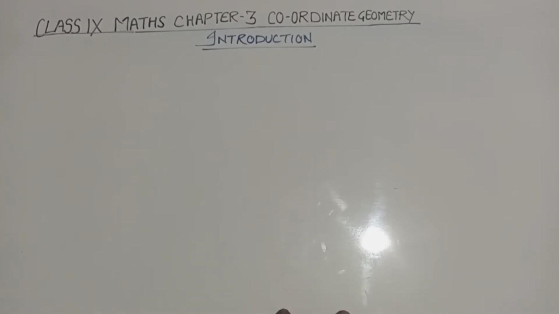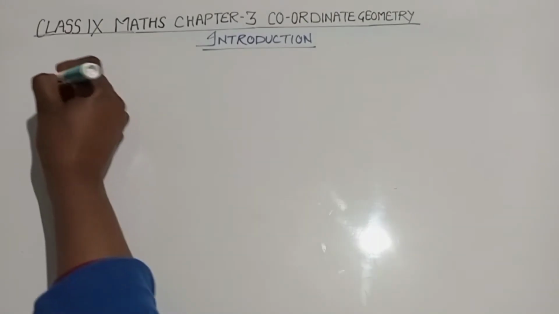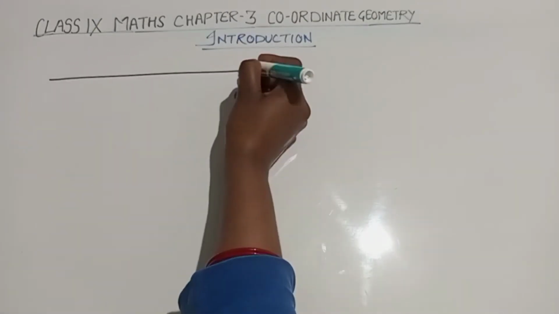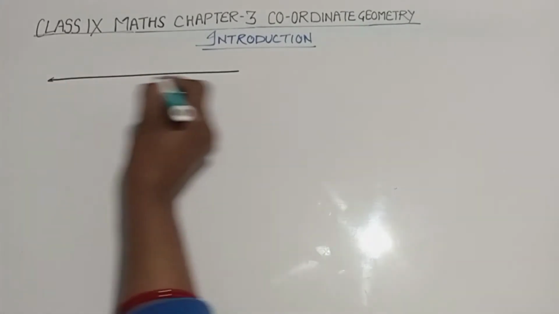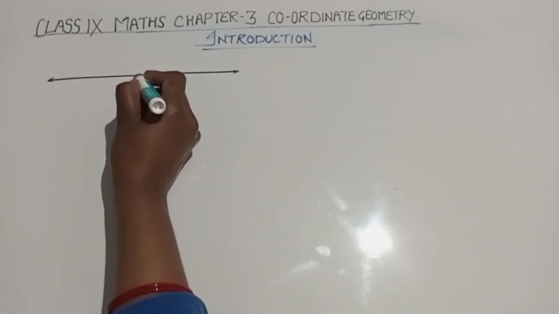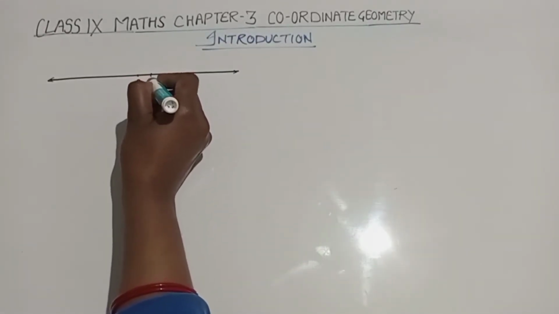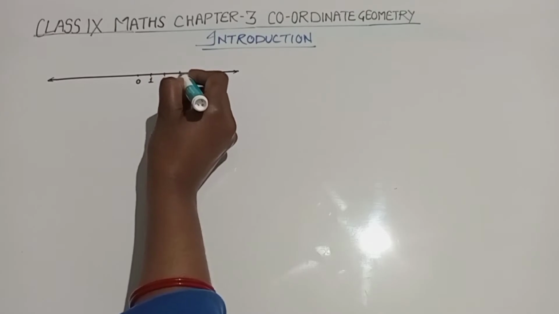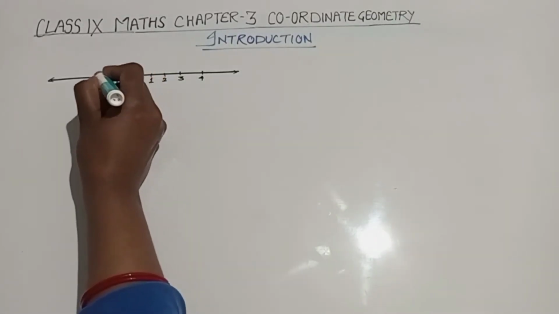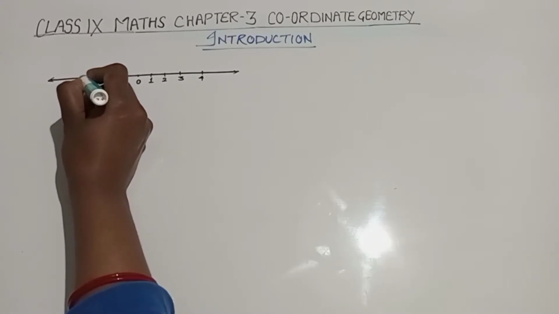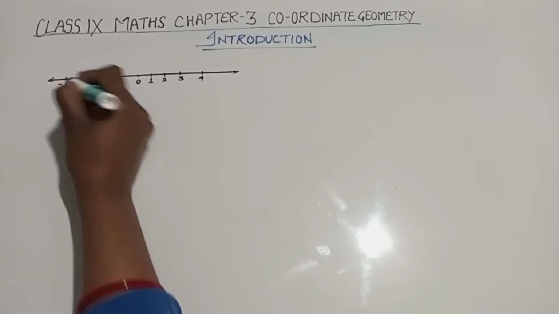We have already studied how to locate a point on a number line. We have studied it in class 6, 7, 8, and in ninth's first chapter, how to locate a number on a number line. So here is 0, 1, 2, 3, 4, and so on, and this is minus 1, minus 3, minus 4, and minus 5.